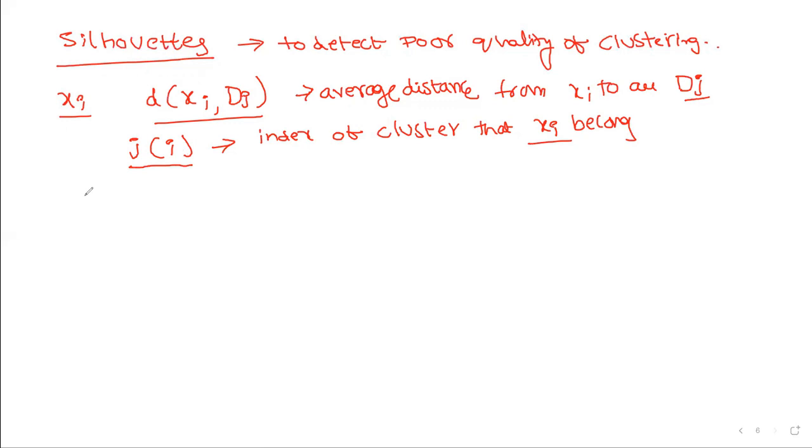So two more notations. One is a of xi. That is the intra distance, and the inter distance. We have just now discussed intra distance and inter distance at the start of the session. A of xi is equal to d of xi comma dji. What is the meaning of this one?